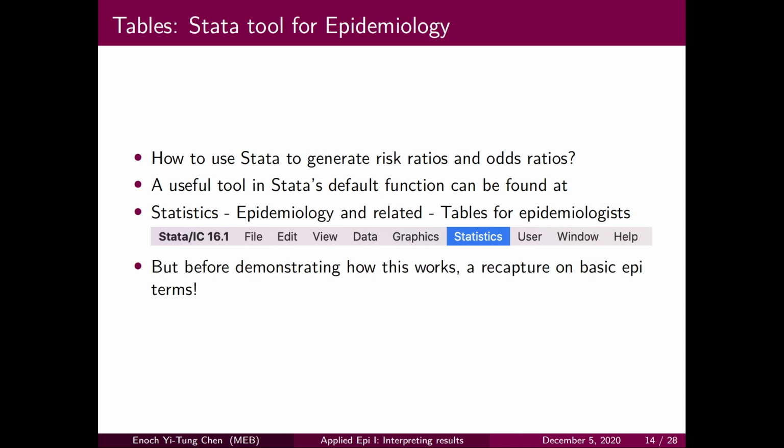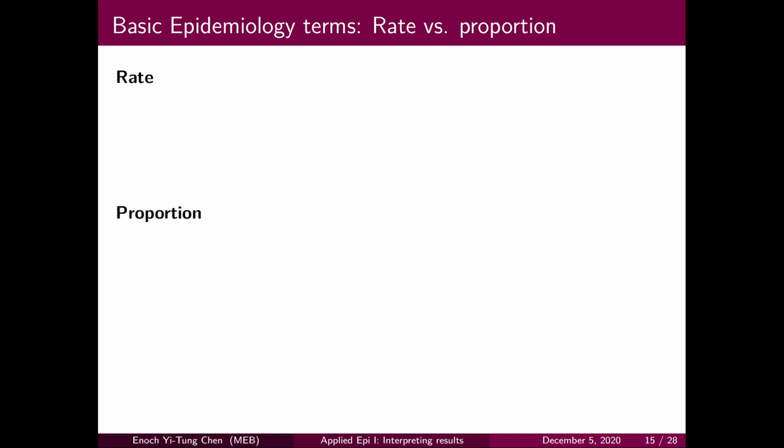However, before demonstrating how this works, I think we need a bit of refreshment on basic epidemiology terms. So basically, there are two categories here. Yeah, it's just a recap of what you have already learned in epidemiology. Two categories: rate and proportion.